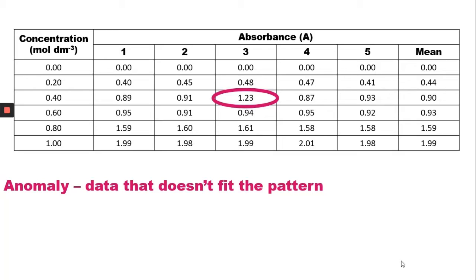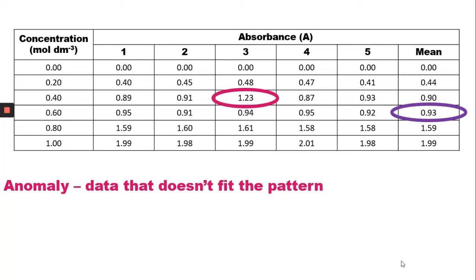When you look at the data as a whole, you should also spot another anomaly. Where is it? Hint, it's one of the means. The mean value for 0.6 moles per decimeter cubed is an anomaly. It doesn't increase as much as we would expect it to.